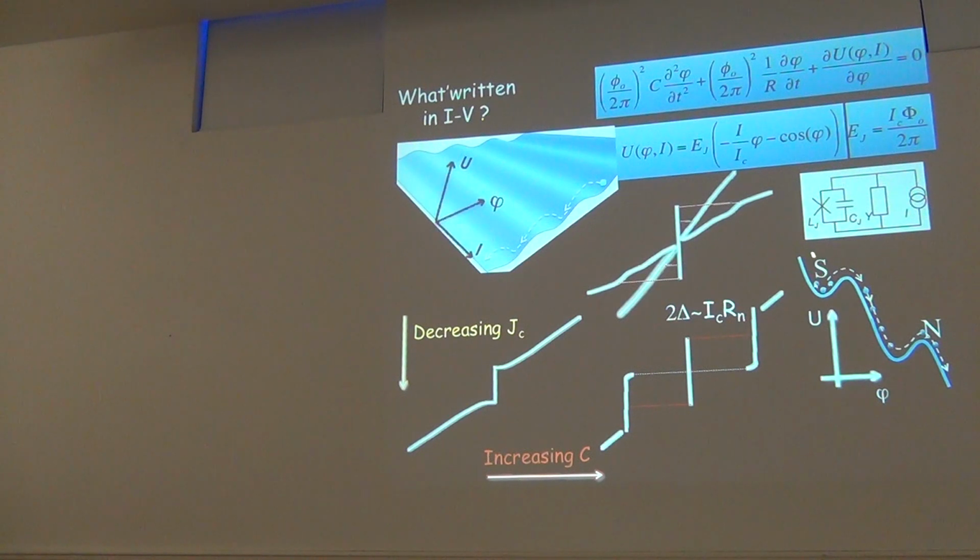What is interesting is that we have this washboard potential, and this washboard potential is somehow a translation of the behavior of the phase, as we'll see in a moment with electric measurements. So when the ball, whose mass is proportional to the capacitance of the junction, rolls down, we are in a resistive state. If we are in the superconducting state, we stay in one of the valleys.